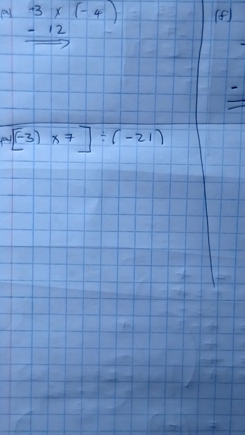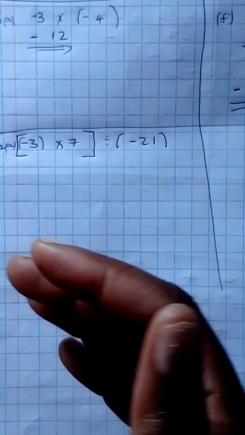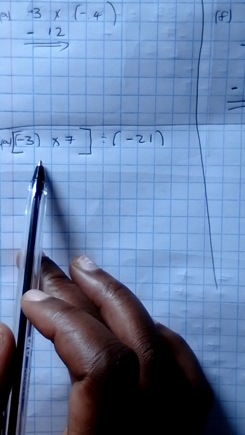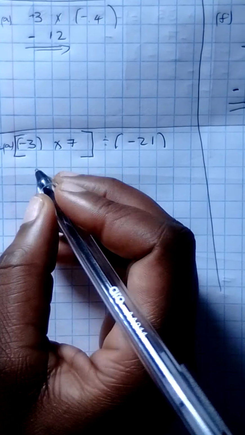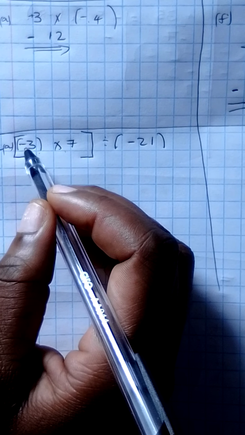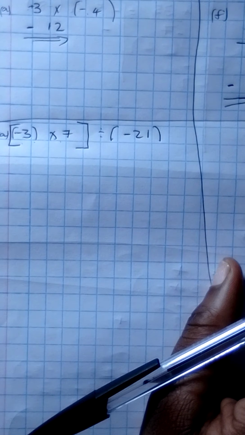First thing, when you have this kind of equation, it has some small brackets, big brackets. We first simplify what is inside the big bracket. Inside the big bracket, we have an open bracket, minus 3, close bracket, multiplying by 7, right?